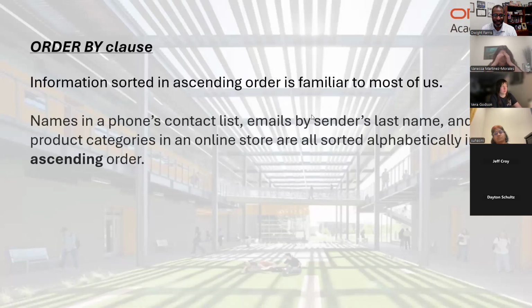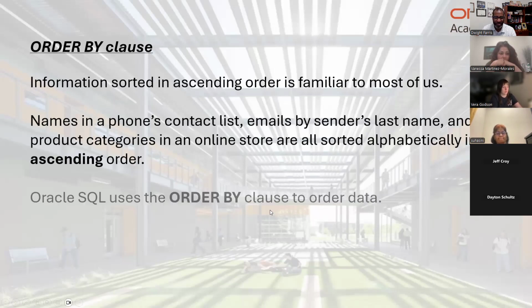That's ascending. Names in a phone contact list, email sender, last name, product categories. These are all alphabetically in ascending order: A, B, C, D, E, F, G, etc. You can reference that by singing the little song that you learned in first grade.